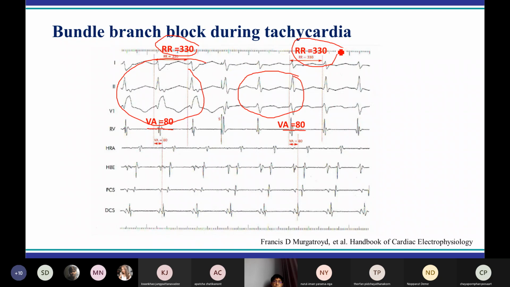There is no effect of bundle branch block during tachycardia. So in this tachycardia, you cannot conclude that it is an accessory pathway. It is unlikely to be AVRT because when the bundle branch block occurs, there is no effect on the tachycardia.